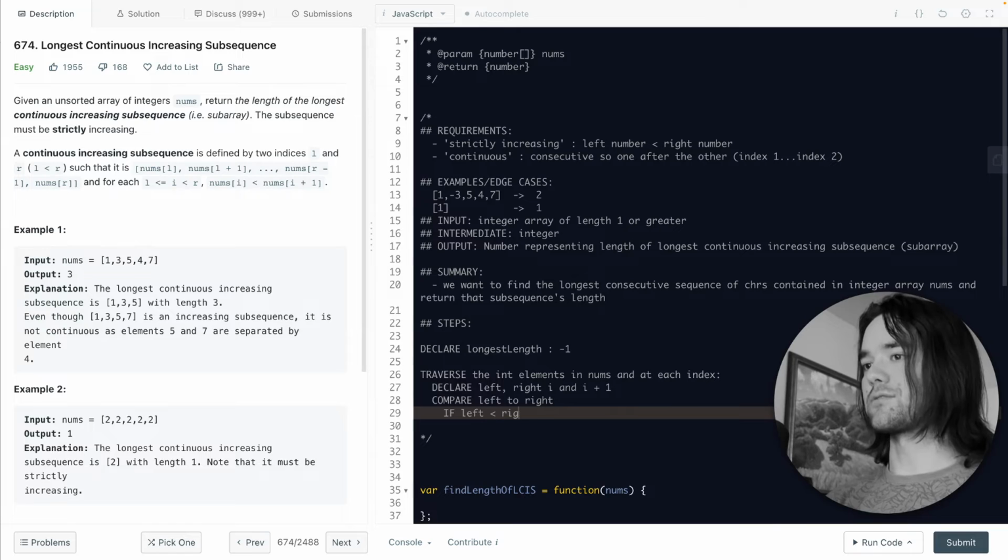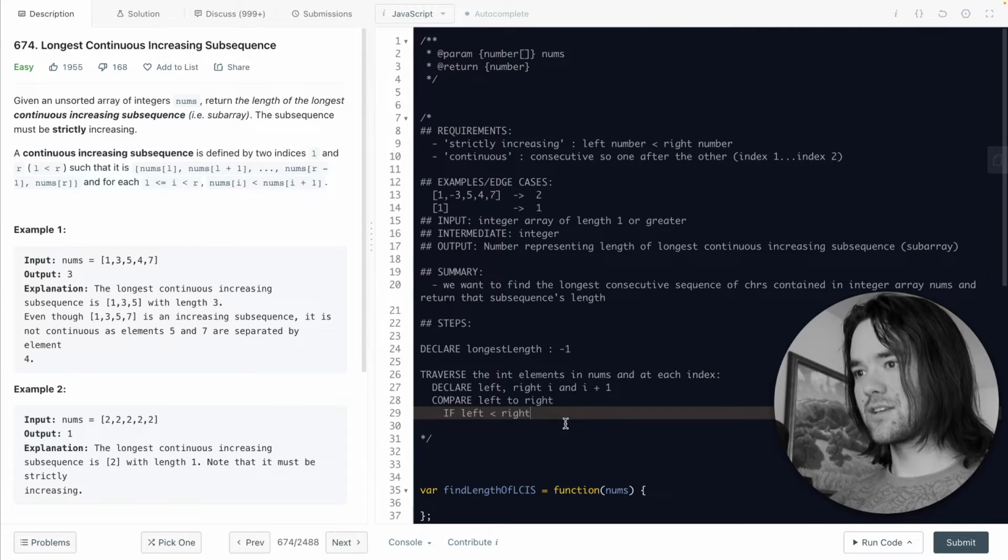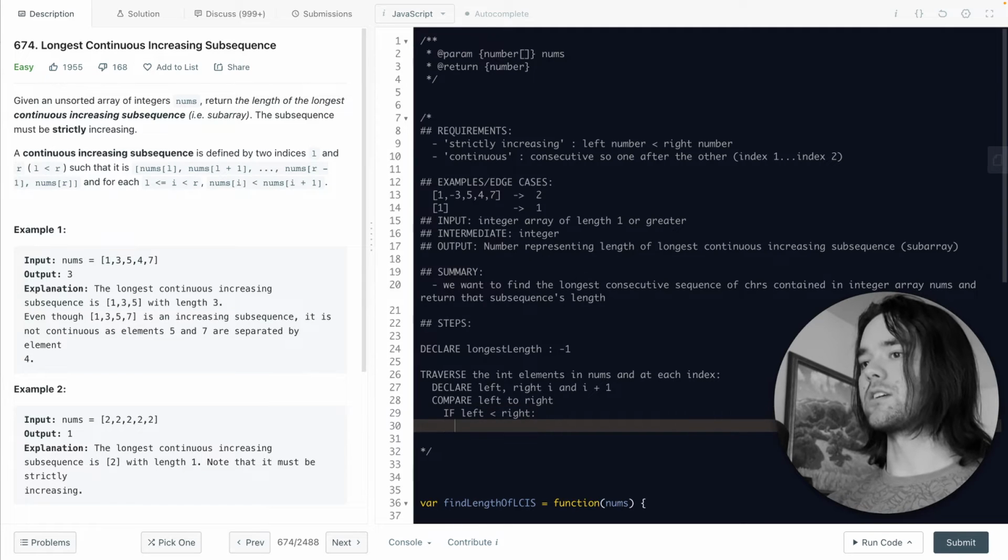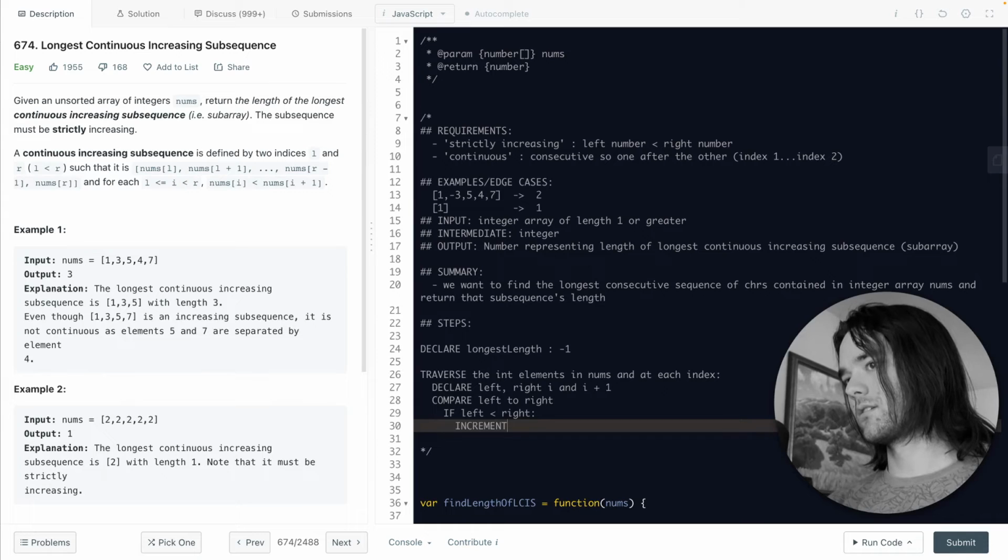If left is less than right, to keep it at the correct sides of the less than sign. So if left is less than right, then we want to increment current length by 1.